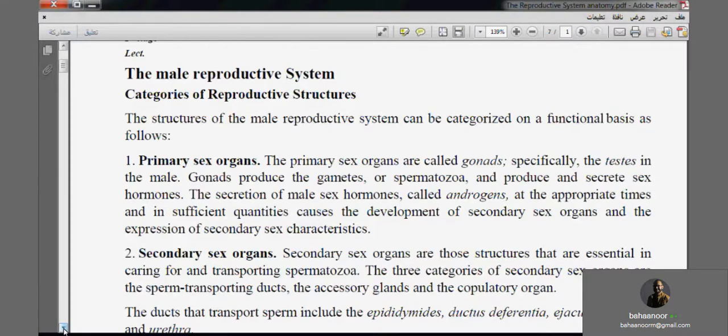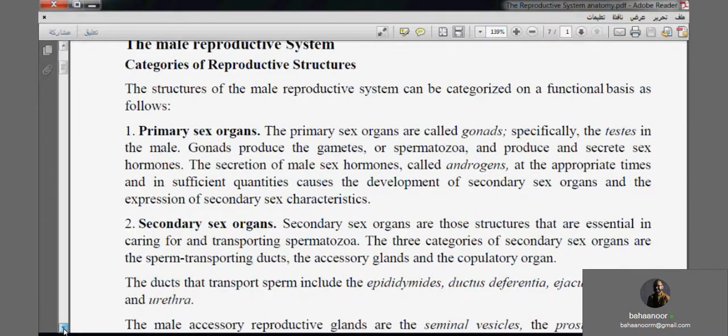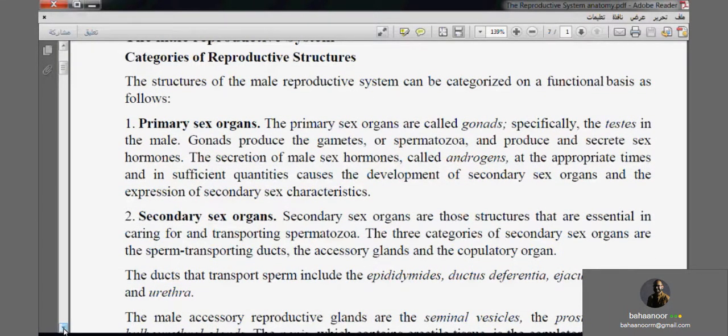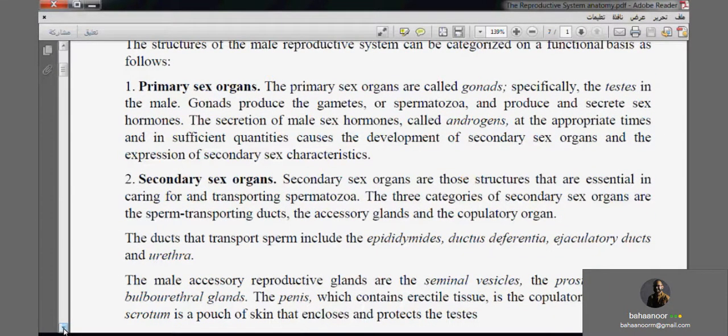Secondary sex organs are those structures that are essential in carrying and transport of spermatozoa. نقسمها إلى ثلاث أقسام: the sperm transporting ducts اللي تنقل لنا السبيرم، والaccessory glands والcopulatory organs.